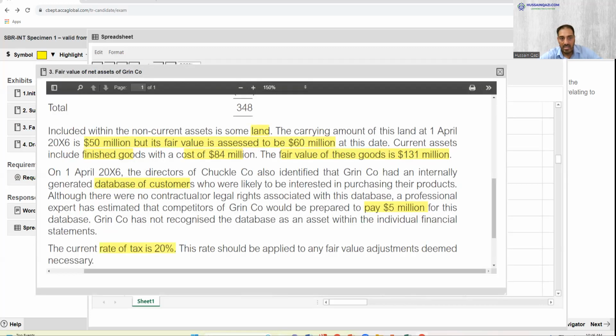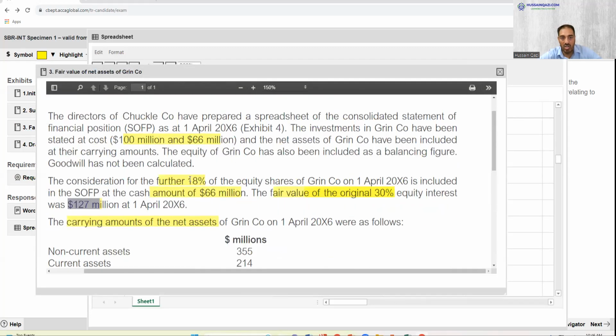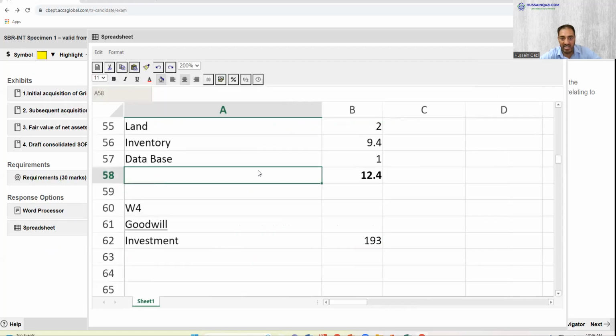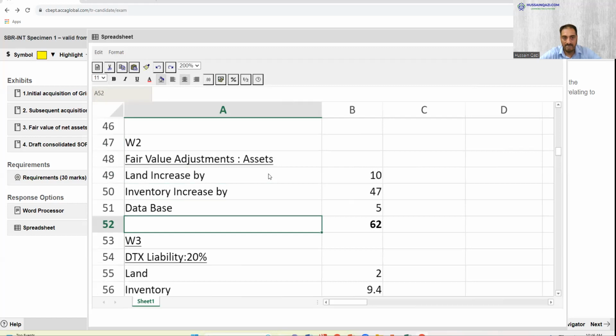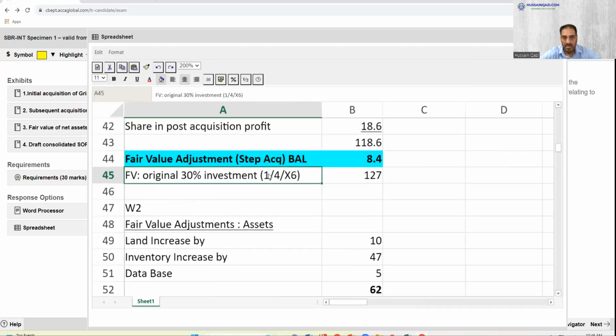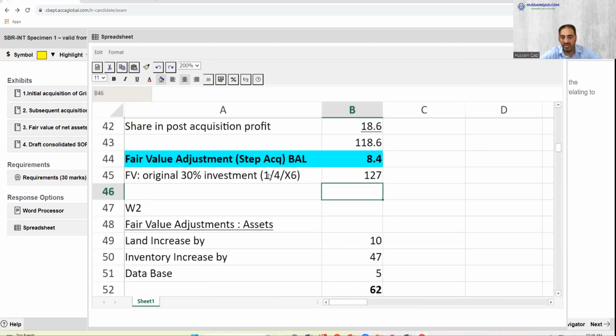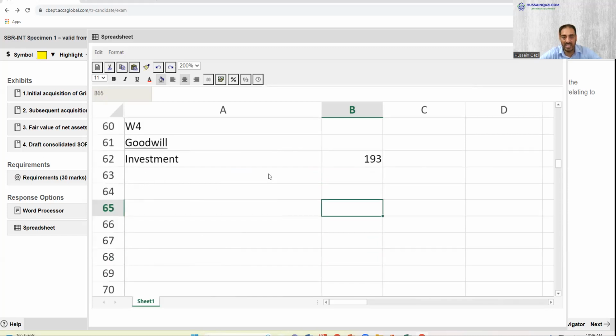Once again, the new 18% investment is valued at 66, and the previous 30% investment has a fair value of 127. So 127 plus 66, that's 193. And that is what we need to calculate the goodwill with, this cost of investment.